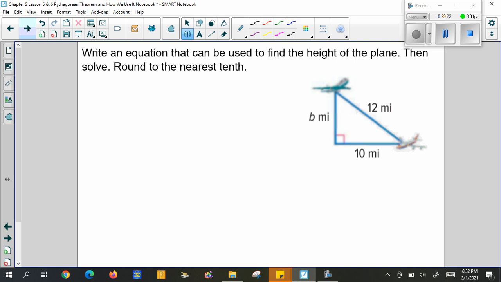And we can use that to find how much higher is one plane to the other. Here is my right angle, which means that the 12 is c. b is what we're looking for. So 10 is a. And it is a right triangle. So again, we're going to use the Pythagorean theorem.